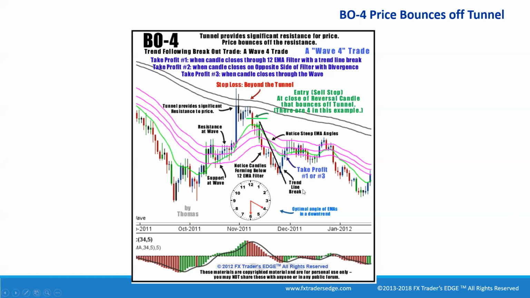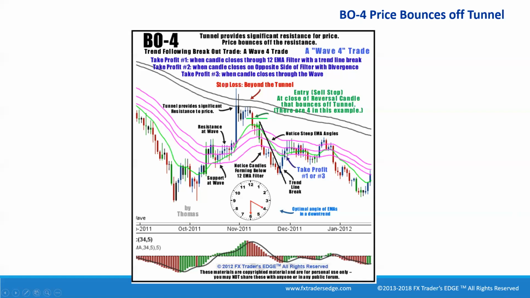Okay, and the optimal angle of the EMAs in a downtrend is between 4 and 6 o'clock. Notice the steep EMA angles, and he set some take profit levels. This is very steep, and actually he's setting this trend line and he's saying to take profits above this filter.